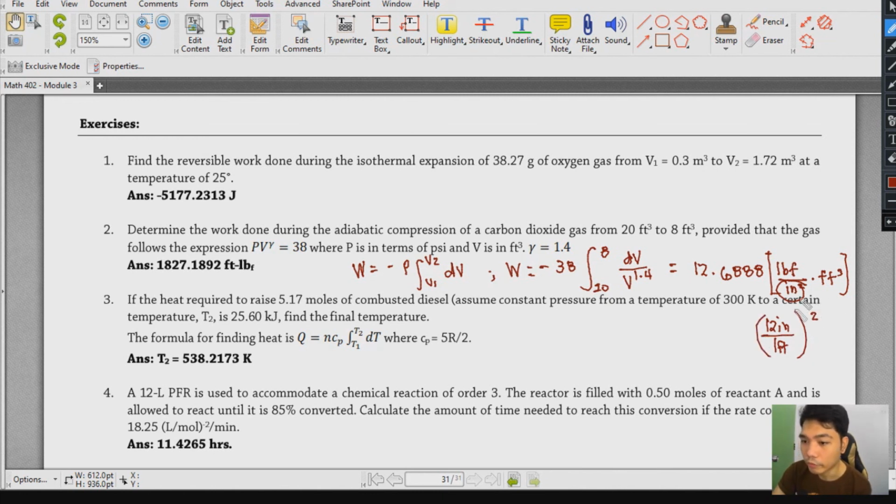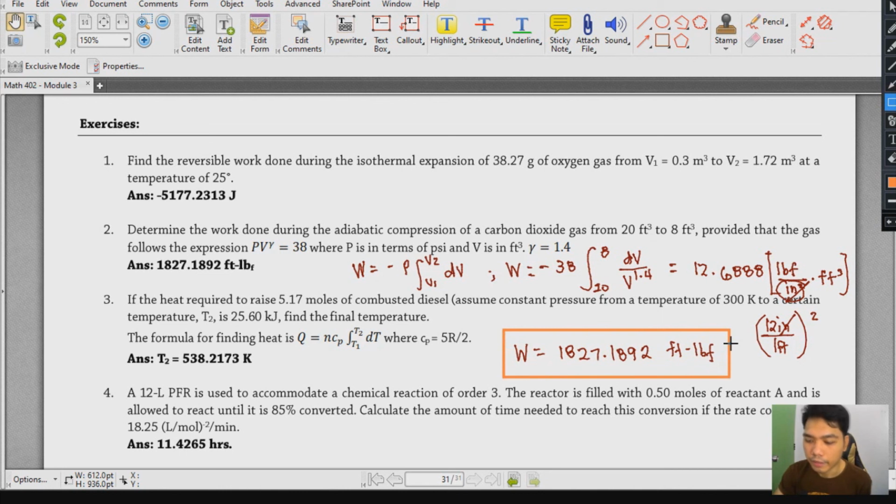So 144 dapat yon. So with this, we can cancel this out. Okay? And then, matatal na sa atin is foot pound force feet. So W will give us a value of positive 1827.1892 foot pound force. Okay? So that is the final answer.